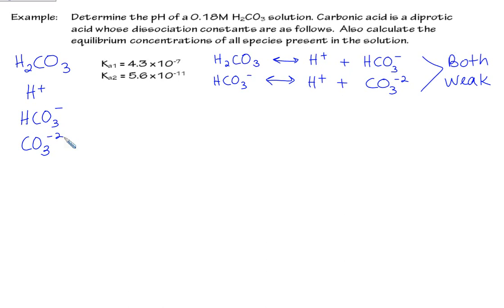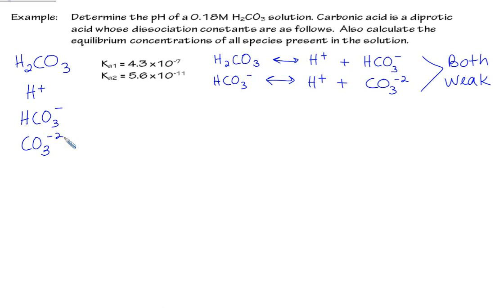We're still going to have some of that hydrogen carbonate ion present. And I can predict right away, of those four particles, the one that's probably going to have the smallest concentration is carbonate, CO3 -2. The carbonate isn't formed until the second dissociation, and that K value is crazy, crazy, crazy small. I'll get a little bit of hydrogen from both, so we'll add those up when we want to do the final pH.